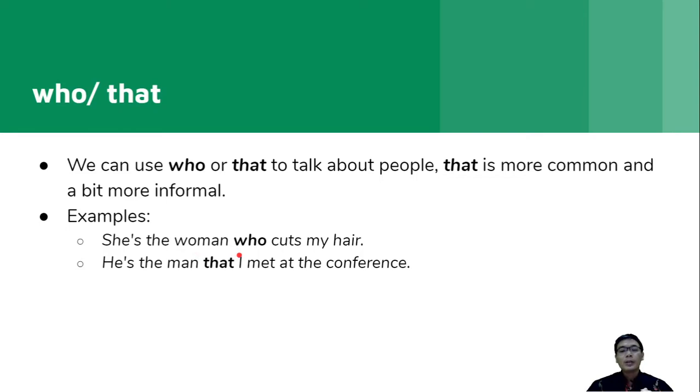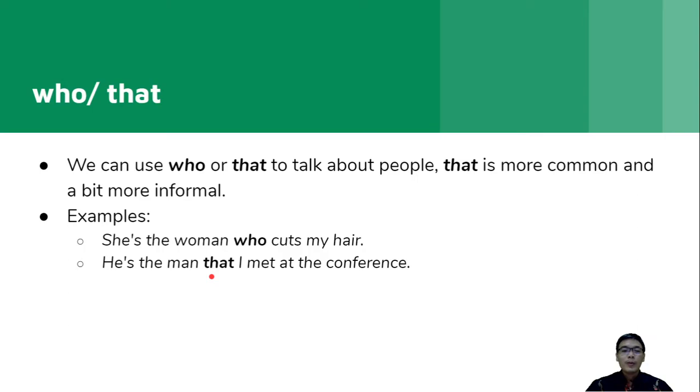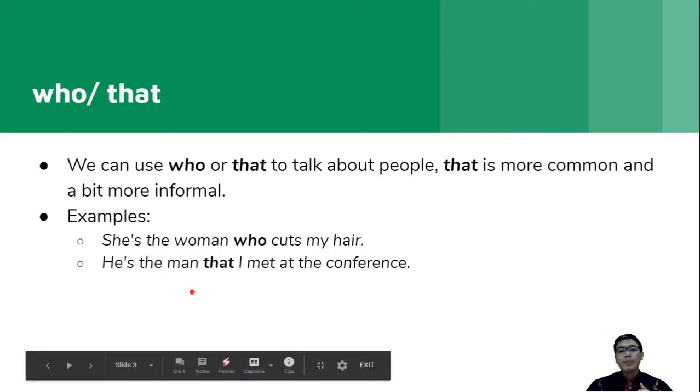She's the woman who cuts my hair. Why do we use who? Because it is the woman. So who cuts my hair tells us which woman. He's the man that I met at the conference. That I met at the conference tells us which man. And remember, we use who or that because the woman and the man are people.